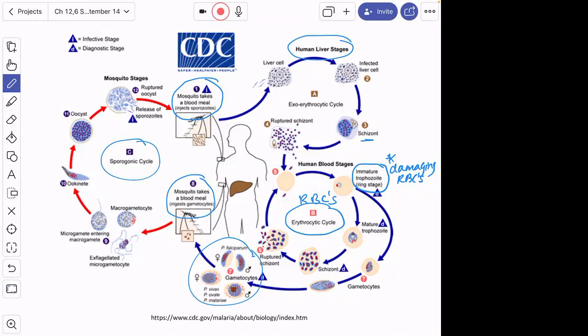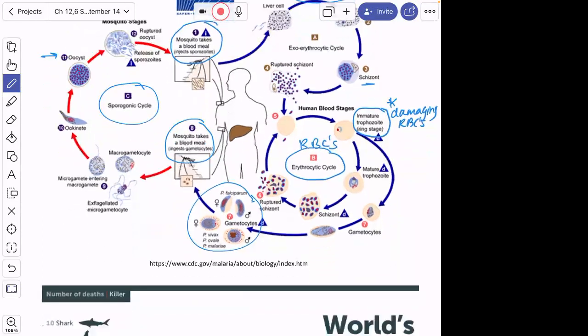So there's growing, maturing, there's a cyst stage, kind of a dormant stage that can happen there. So it's complicated, but, you know, liver stage, red blood cell, and then a whole part of it in the mosquito. Okay, so that's a little bit about malaria.